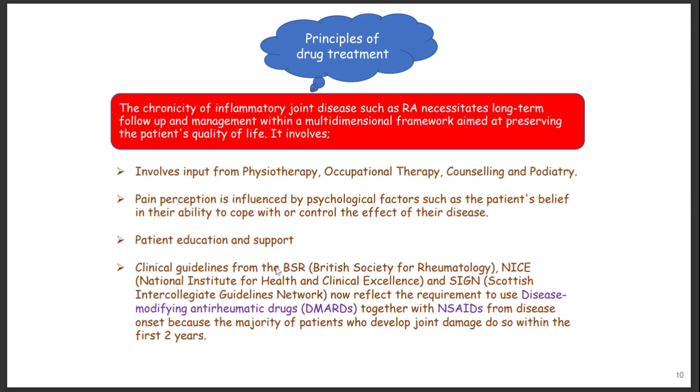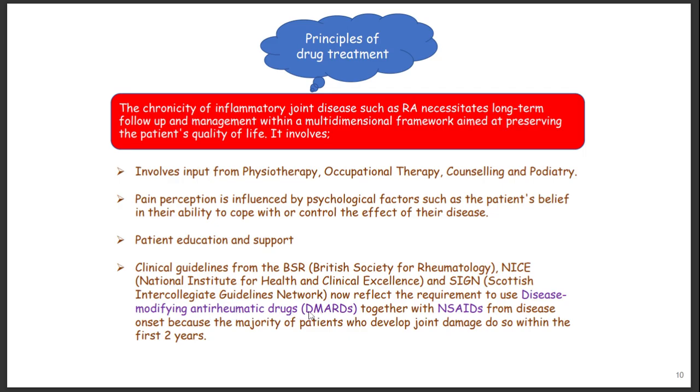Clinical guidelines from the British Society of Rheumatology, the National Institute for Health and Clinical Excellence, and the Scottish Intercollegiate Guidelines Network now reflect the requirement to use disease modifying anti-rheumatic drugs.